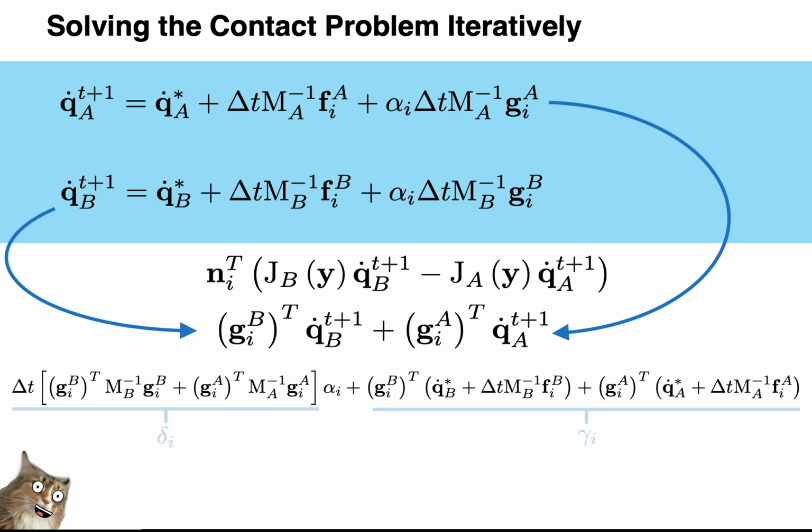However, we can collect all these terms, multiplying alpha I into delta sub I, and the remainder into gamma sub I, and now what appears is a very compact linear equation for the distance in terms of alpha sub I. And just a reminder that all the terms here are scalars, so this is a scalar equation.